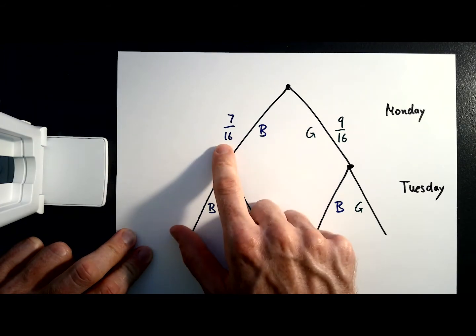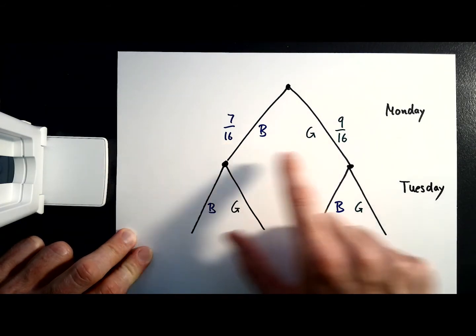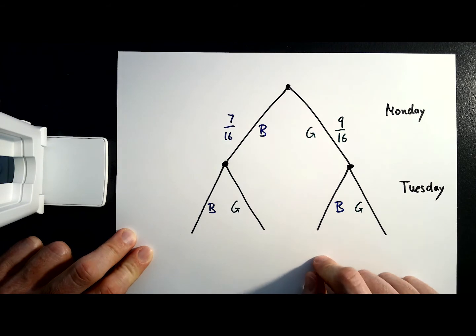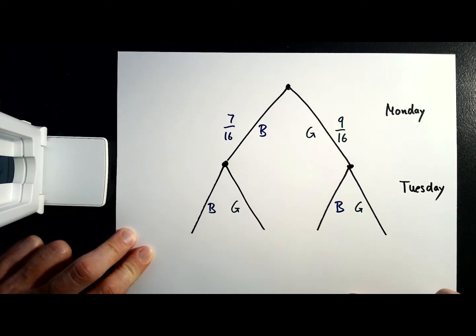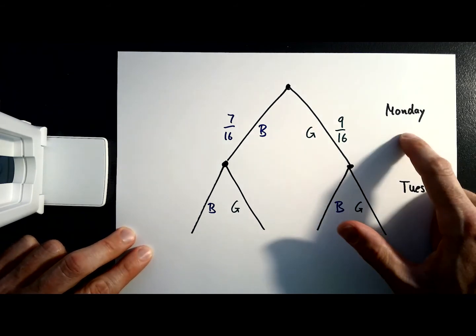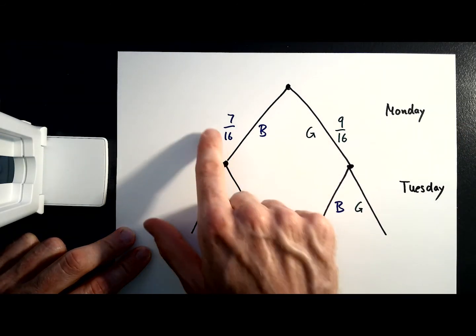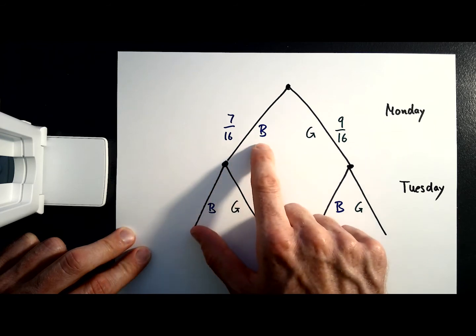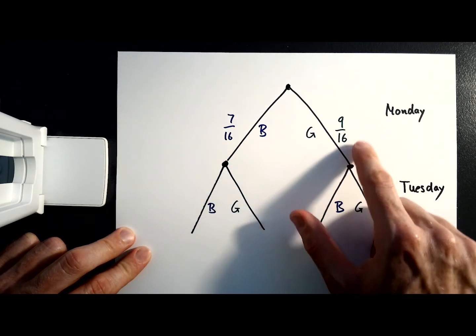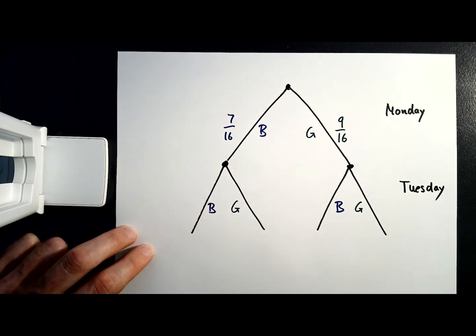You are having 7 blue shirts and you have 9 green shirts, so you have a total of 16 polo shirts. So on Monday, the first day, you are having a probability of 7/16 to grab a blue shirt and of 9/16 to grab a green shirt.